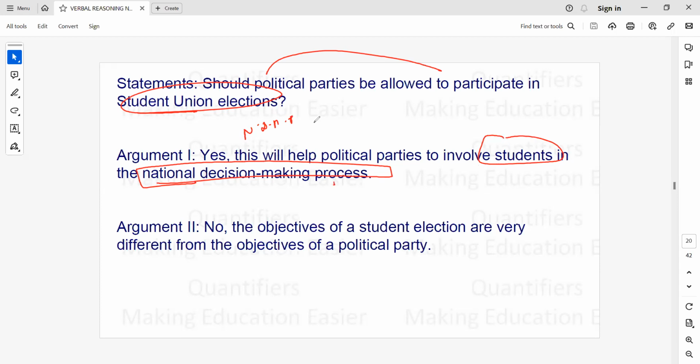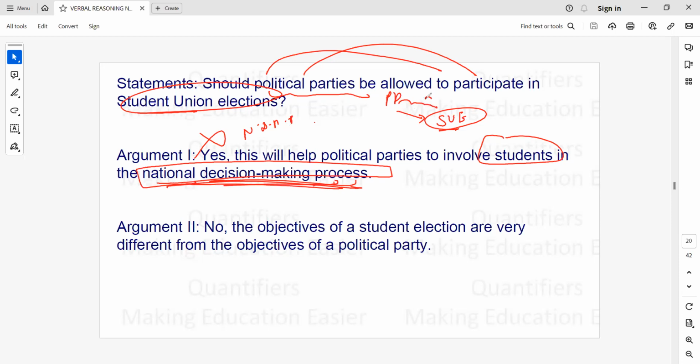Is it the students that are participating in political parties, or the political parties that are participating in student union elections? So this is not the case. Are you discussing national decision-making things with the student union elections? So not the correct answer.